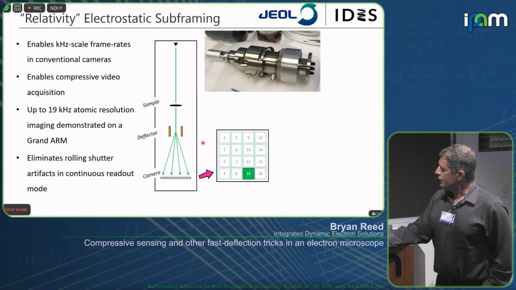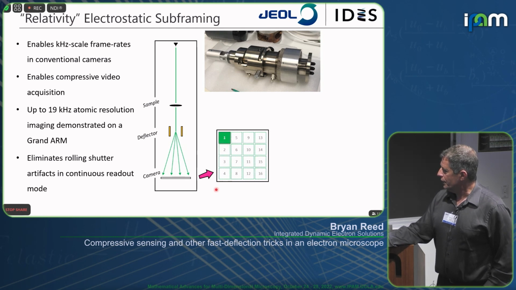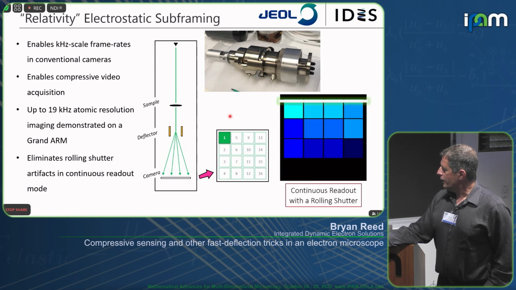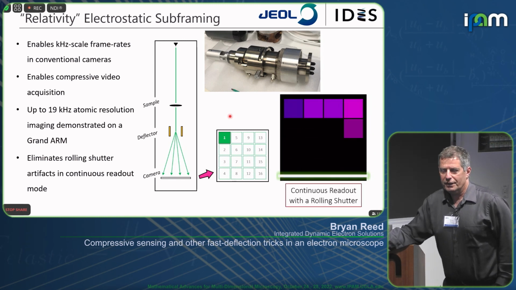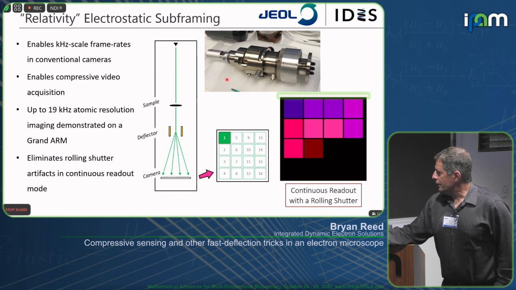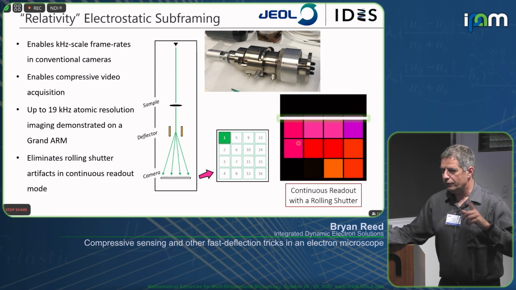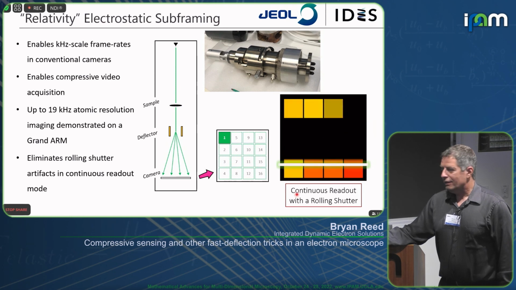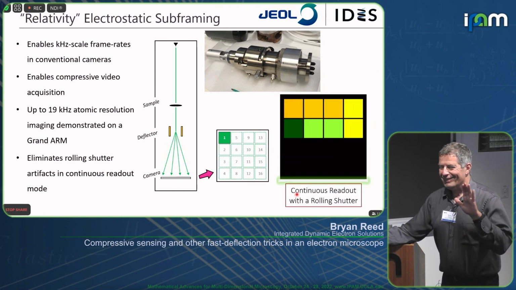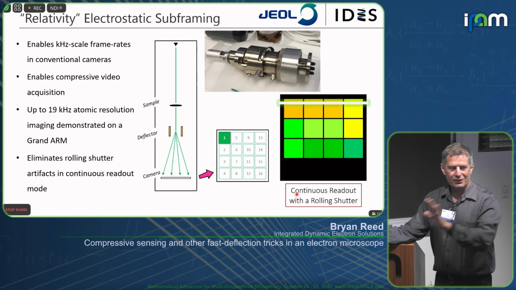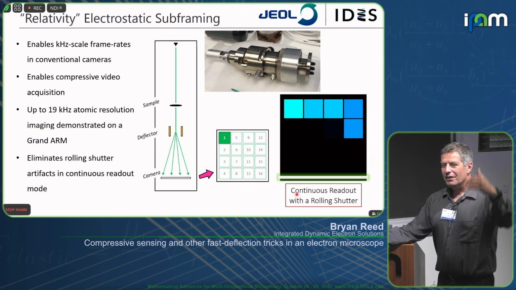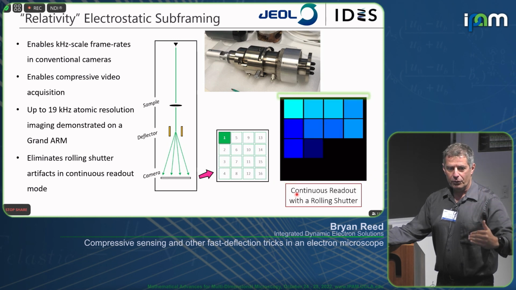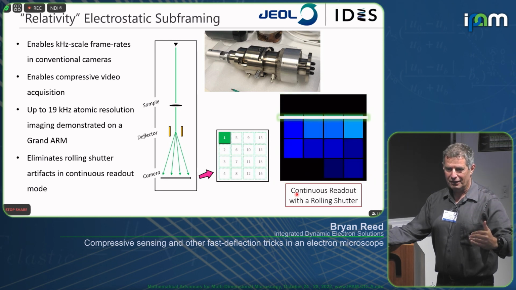So yeah, the subframing system, this just shows it in a little bit more graphic detail. So yeah, you can step through. But a fun trick that we can play is to get rid of rolling readout artifacts on a camera. So a lot of these microscope cameras, especially the ones that are doing a continuous readout, they're lying to you a little bit when they give you a sequence of frames and say that this is this span of time and this frame is this span of time, and it's like, yeah, the timing offset is different for every row in that image.